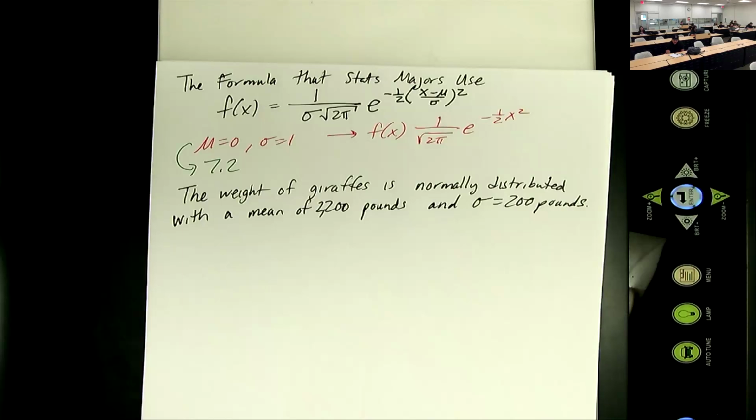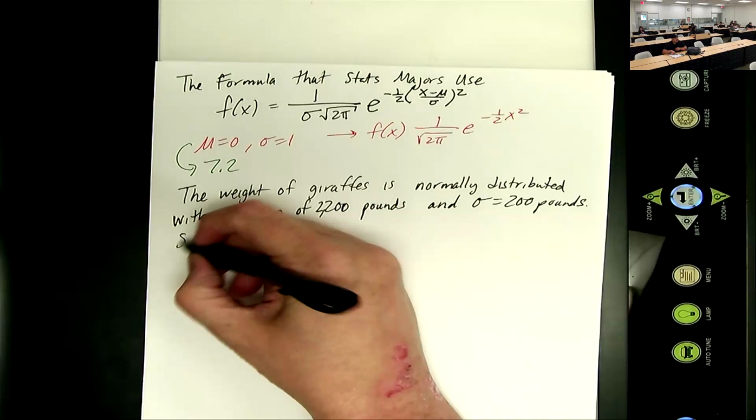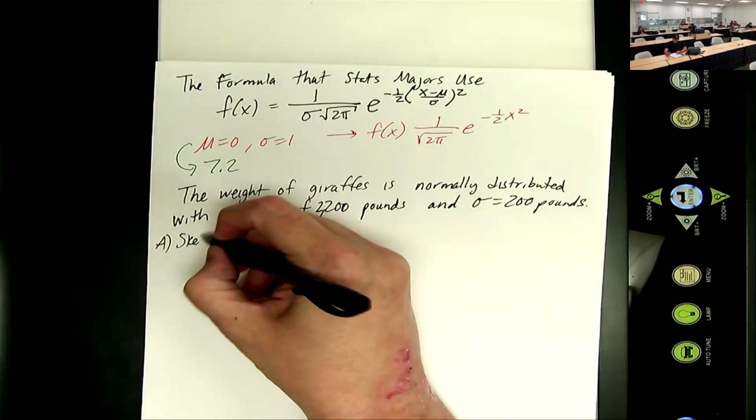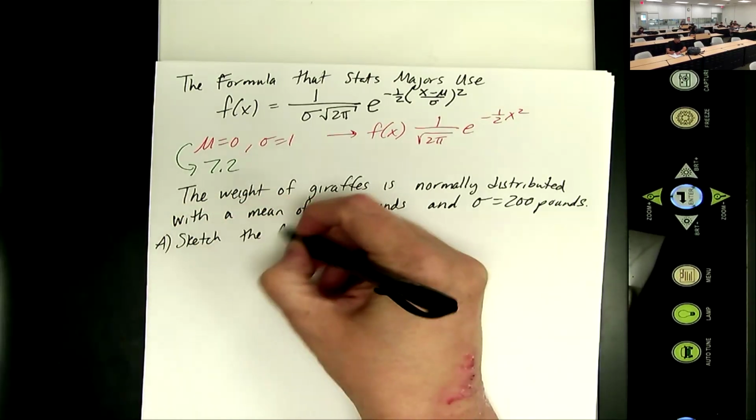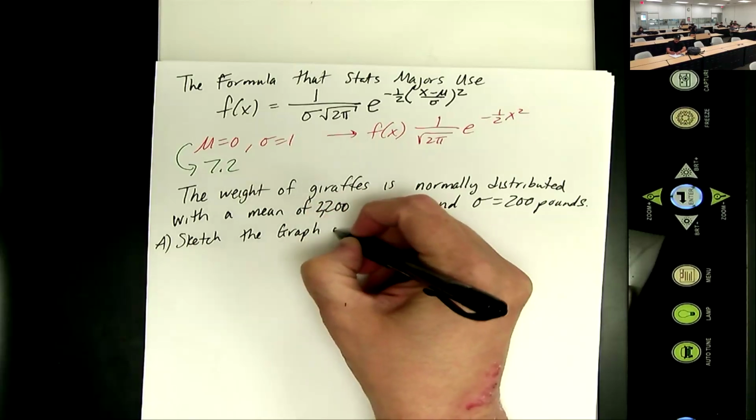So let's do a couple things with this. Let's sketch the graph of the empirical rule setup.